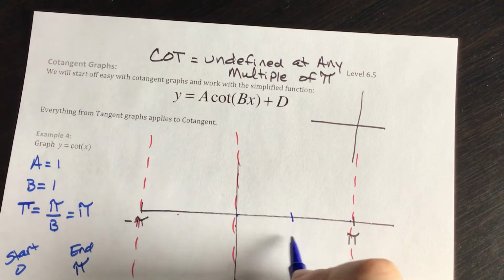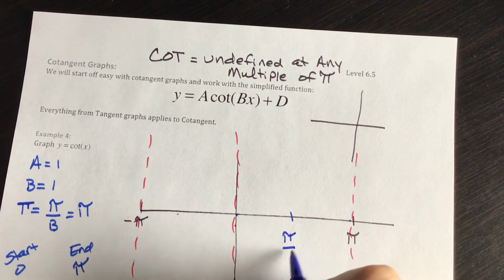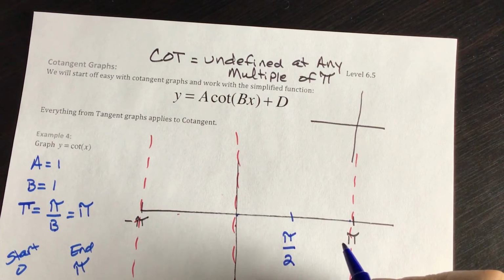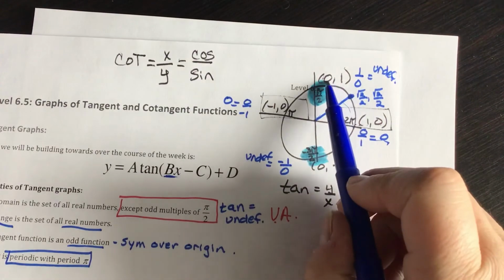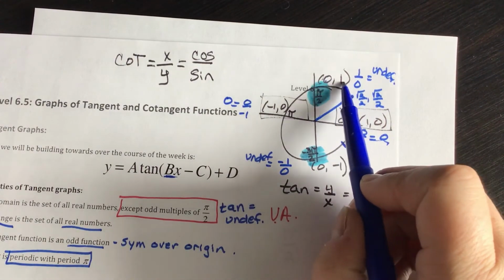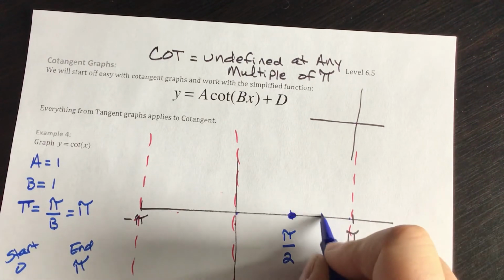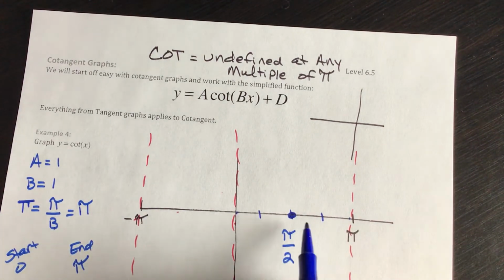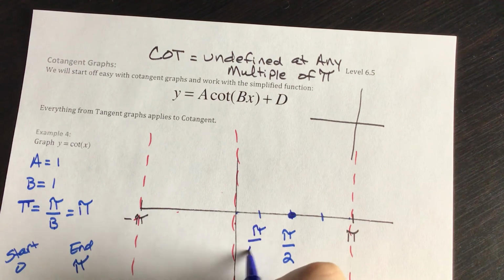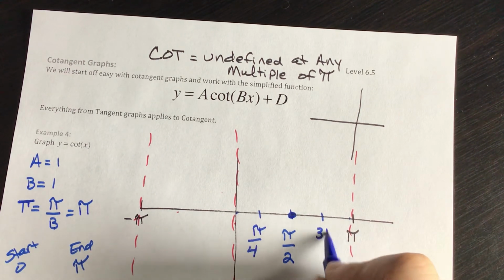So here's pi over 2. At pi over 2, my cotangent is 0 divided by 1, so that's 0. So if I break these up, this is pi over 4. This is 3 pi over 4.